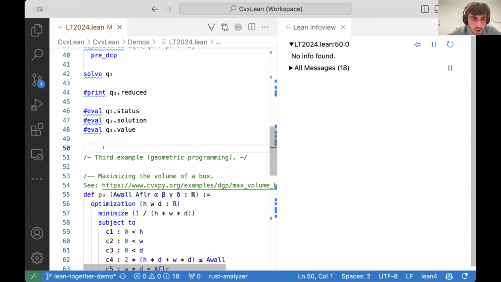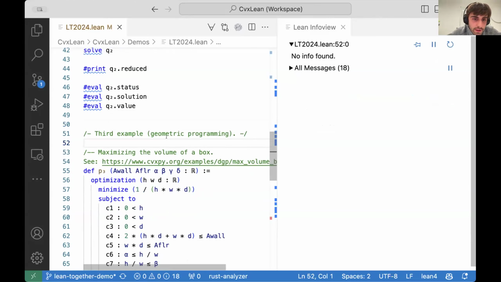Then I also wanted to show a slightly more complicated example coming from geometric programming. This is an example from CVXPY, where the idea is that you want to maximize the volume of a box.